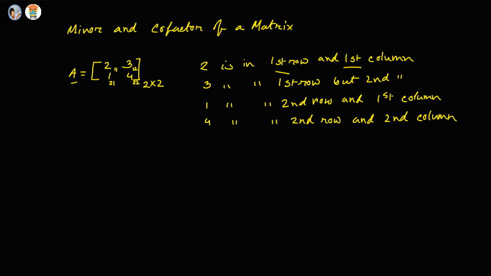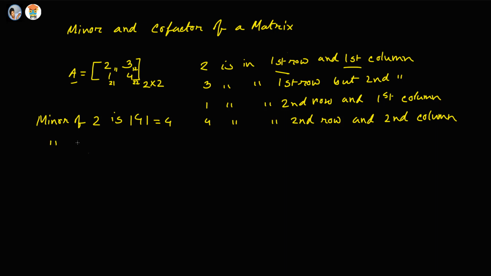So, if we exclude first column and first row, we are left with 4. So, minor of 2 is 4. We can write minor of 2 is 4, modular sign, which expresses not absolute value but determinant, which will be equal to 4.